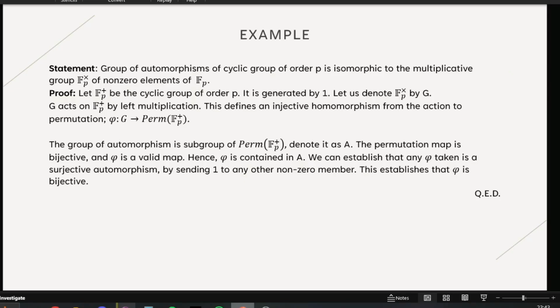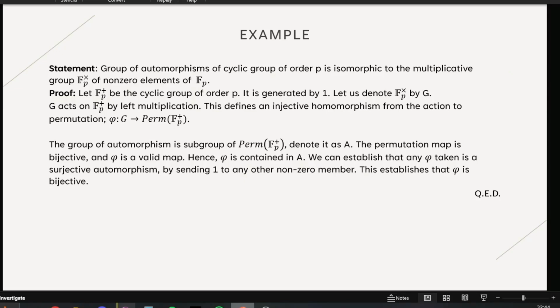In the example we are trying to see that the group of automorphisms of the cyclic group of order P is isomorphic to the multiplicative group F_P^×, the non-zero elements of the finite field. We take F_P itself to be the cyclic group under addition, generated by 1, and then we take the multiplicative group to be G. So G will act on the additive group by left multiplication.